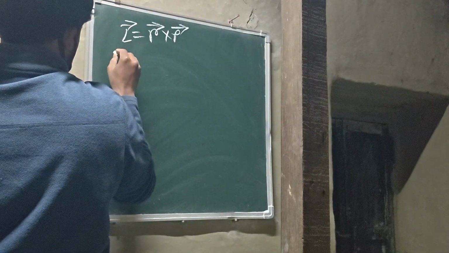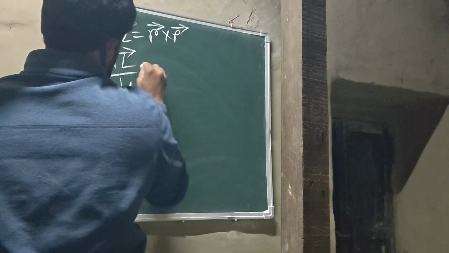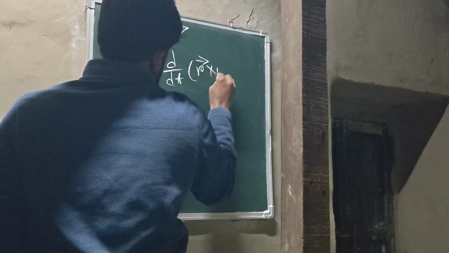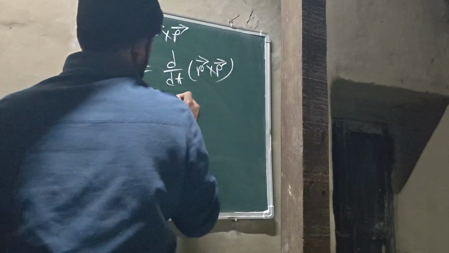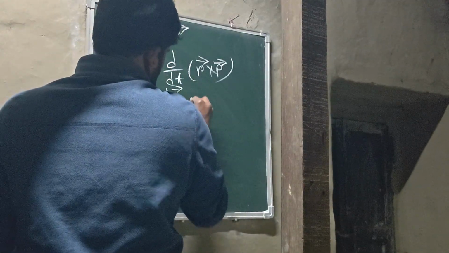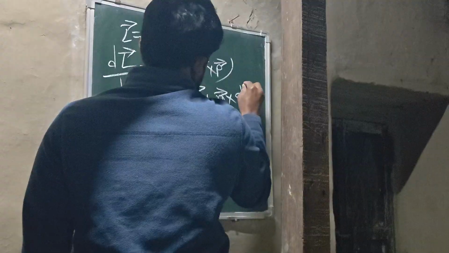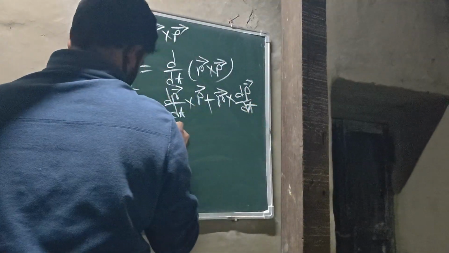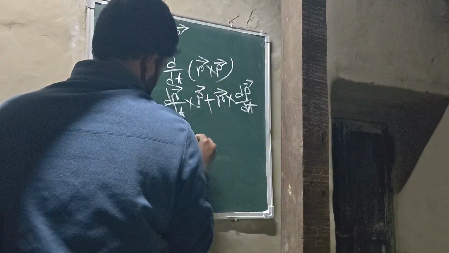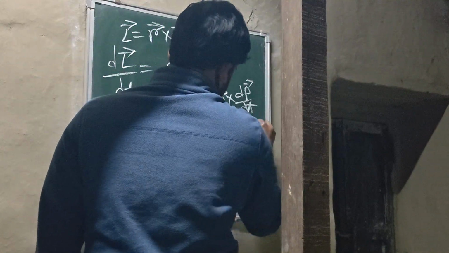Let's differentiate L vector. dL/dt equals d/dt of R cross P equals dr/dt cross P vector plus R vector cross dp/dt, equals v vector cross P, where P equals mv vector, plus the remaining term.